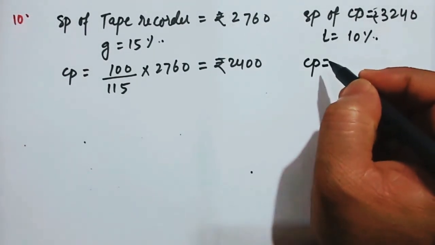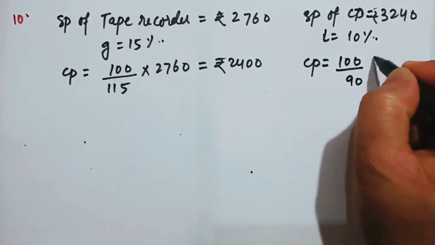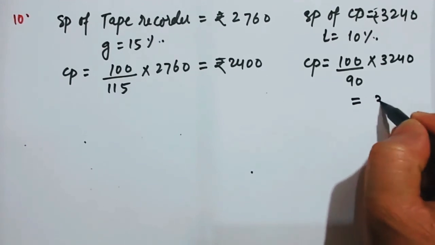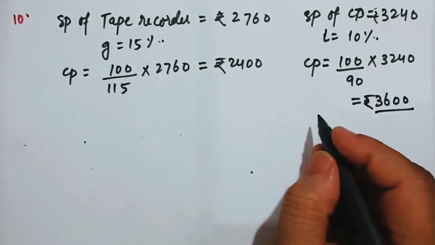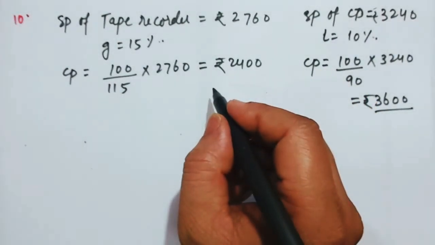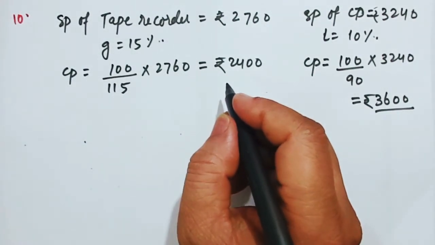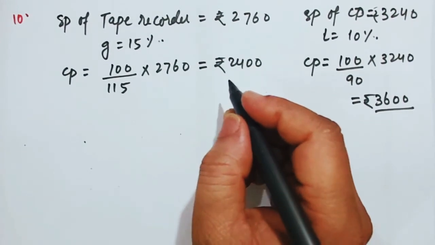Use the direct formula: 100 by 100 minus loss into 3240, which will give you 3600 rupees. So again the same type of question. What is the question? Find the total gain or loss percent on the whole transaction.